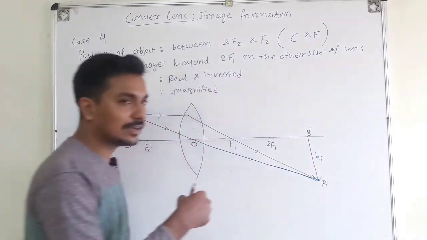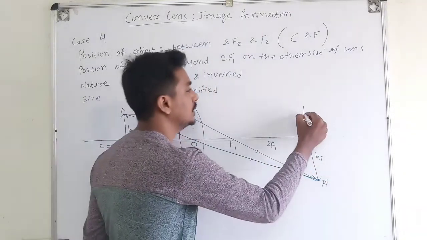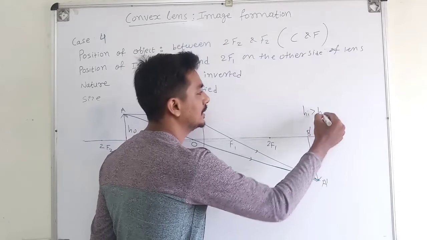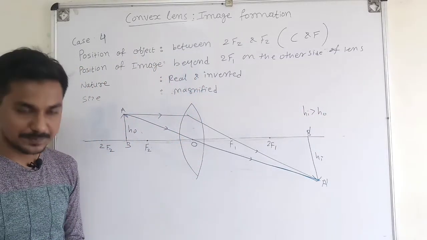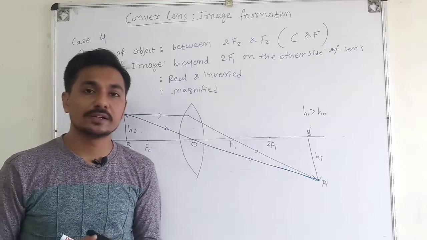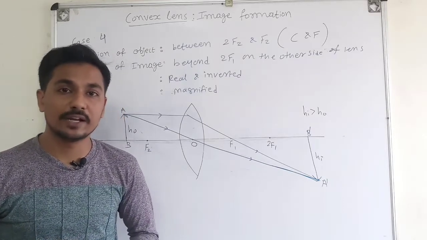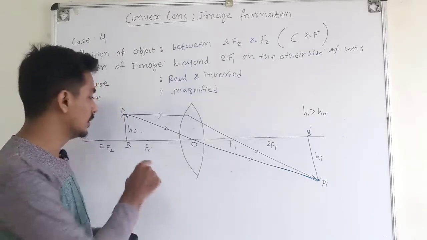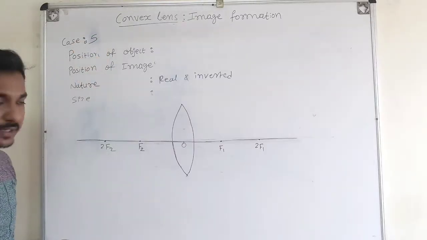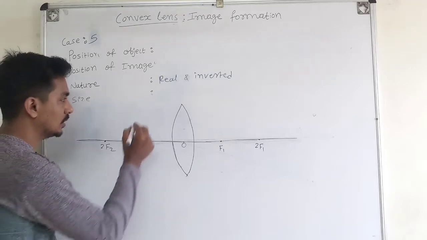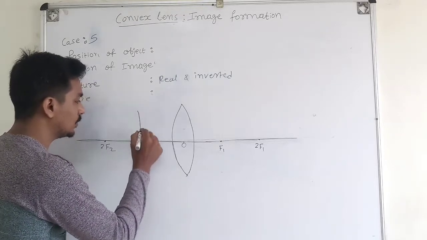Here you can clearly find that the height of the image is larger than the height of the object, and hence the image is magnified. Now let us look at case number 5, where we are placing the object on the focus. Here the object is placed on the principal focus, right?